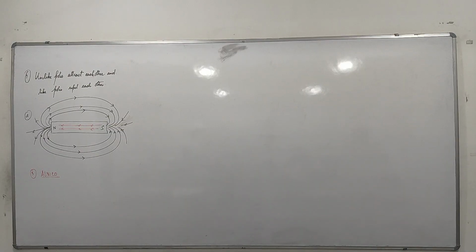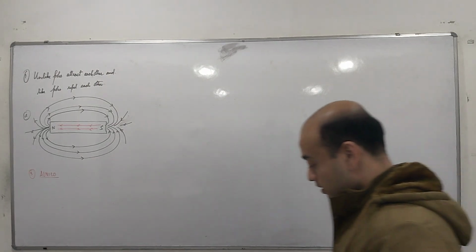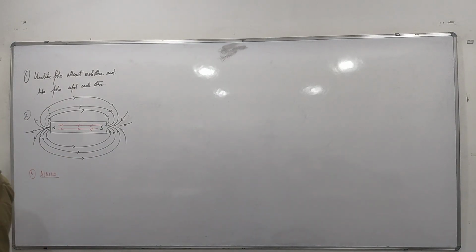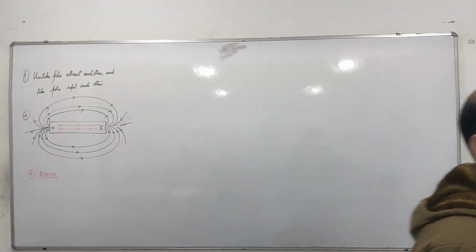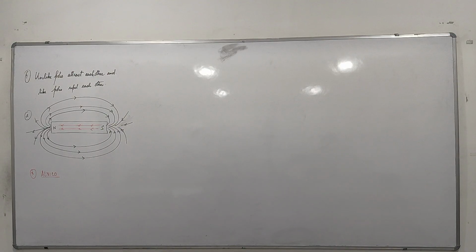Next point. A magnet loses its magnetic properties if, subpoint number 1, it is hammered or beaten repeatedly.